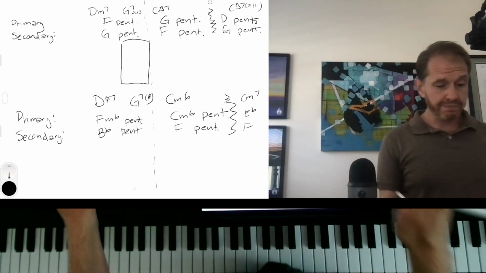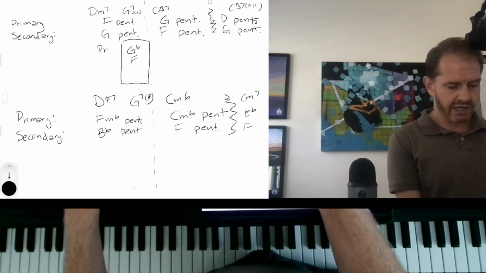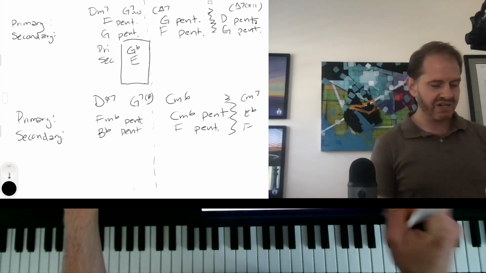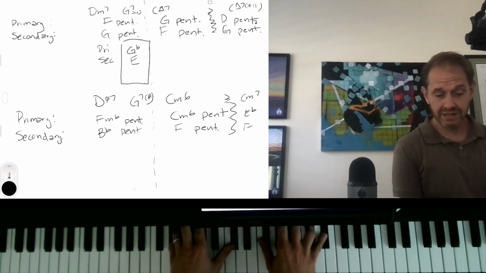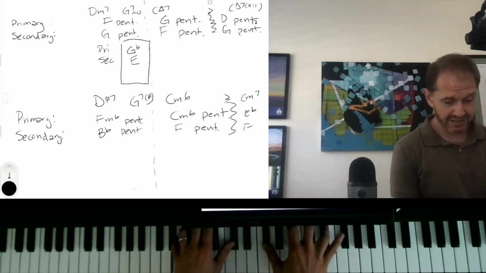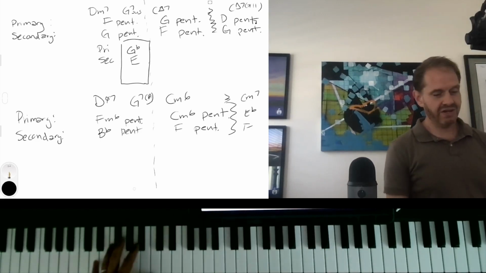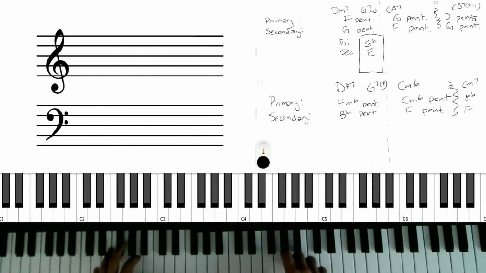For a side step from below, we could use G flat as our primary and, not F, E as our secondary. So, here's how this sounds within the context of this major 2-5-1. I'm sure you want to see what I'm playing here.